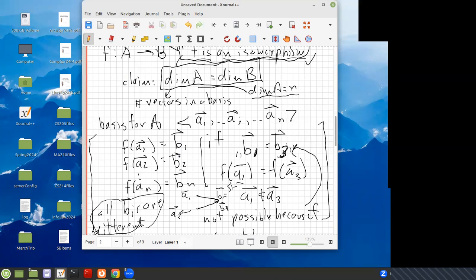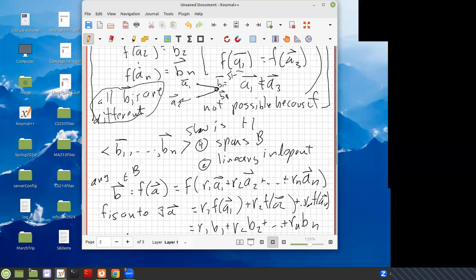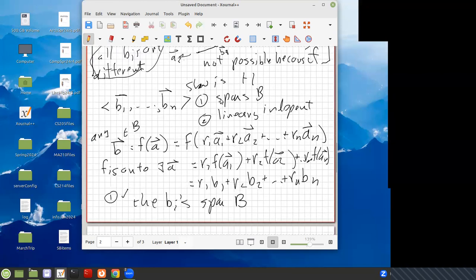Maybe we see the whole picture now. This is sort of part one. We wanted to show that all we know now is we have n different vectors, and we want to show it's a basis for B.